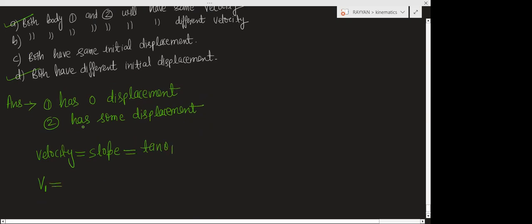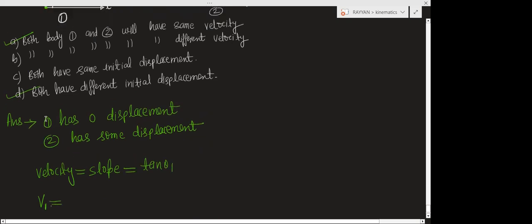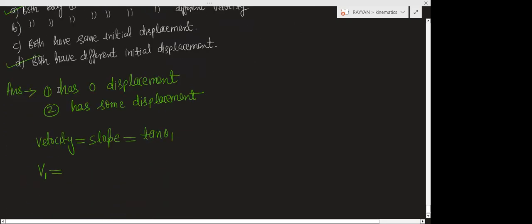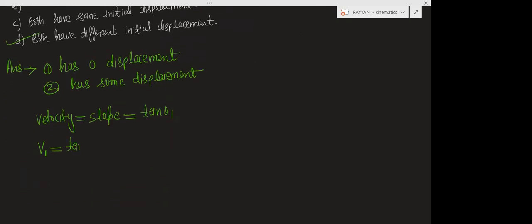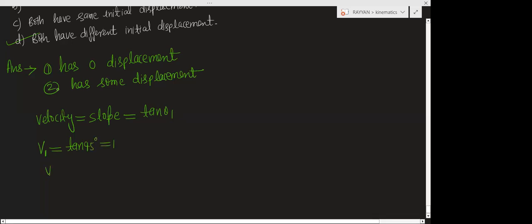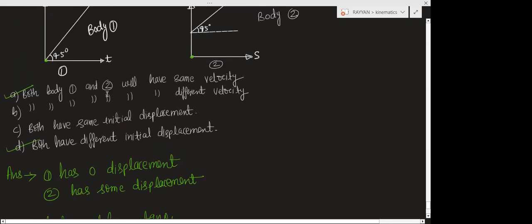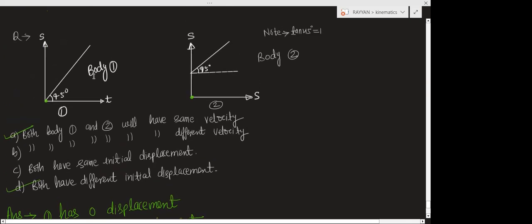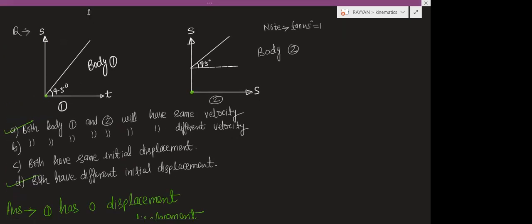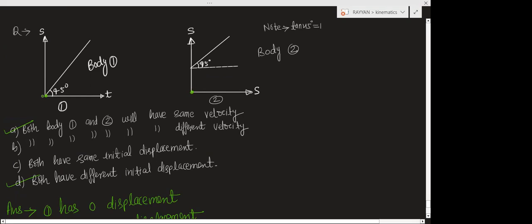When you calculate V1, you calculate tan 45, which is 1. When you calculate V2, again you calculate tan 45, so again you get 1. So velocity is 1 unit, and both have the same velocity. Very good.